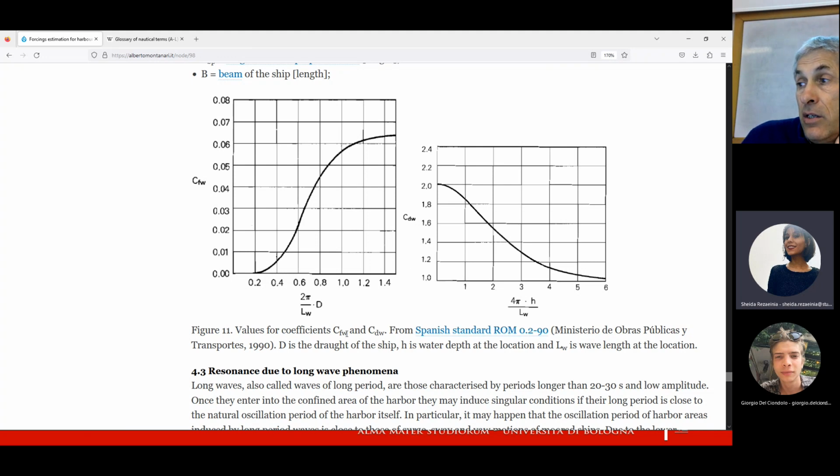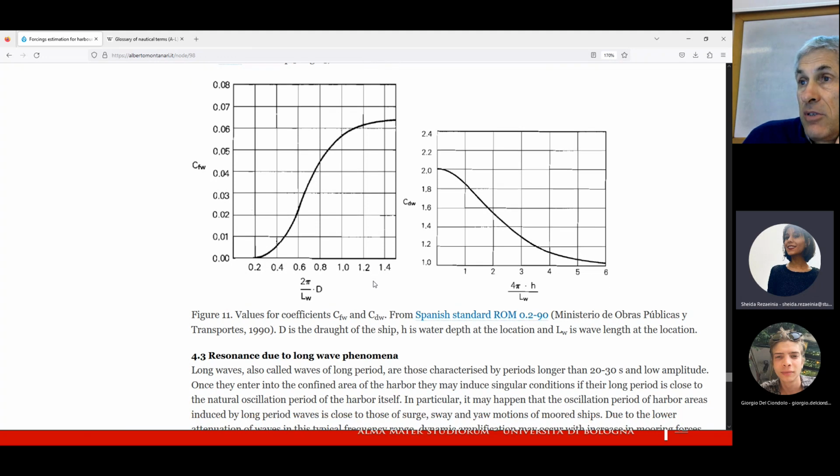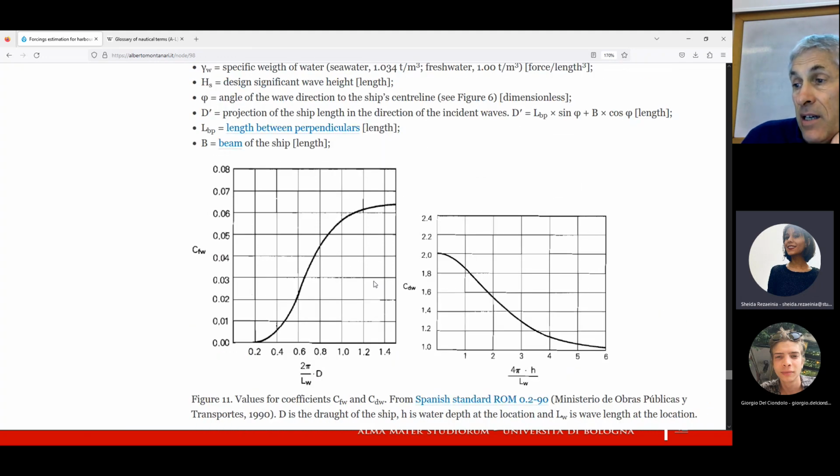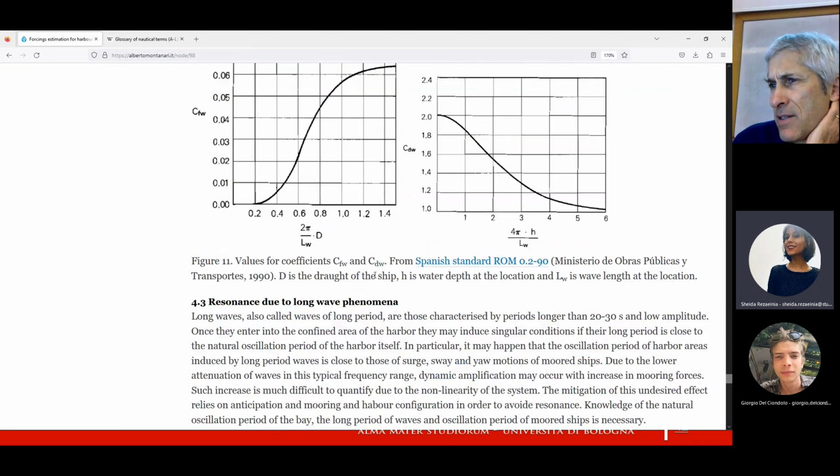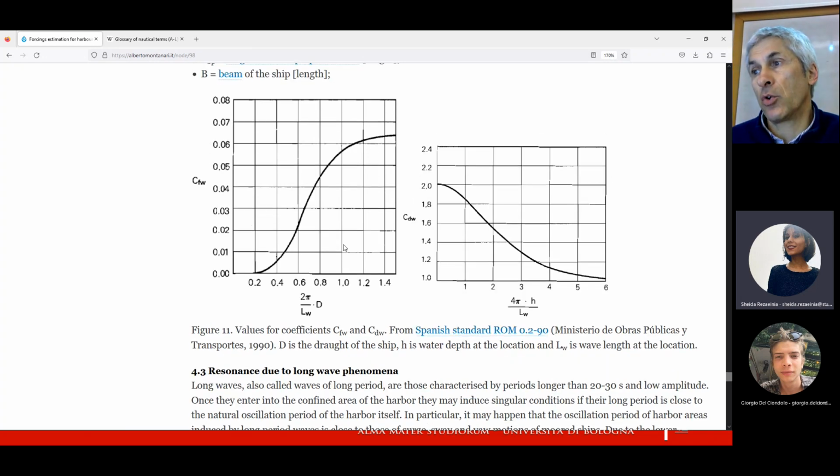And the independent variable is a combination between pi, D, which is draft, H, let me just see because I don't remember, D is draft of the ship, H is water depth at the location, and LW is wavelength at the location. Of course, as I said, you don't have to learn by memory.